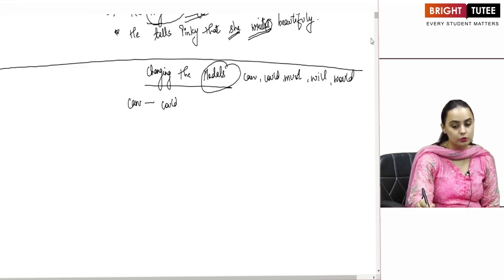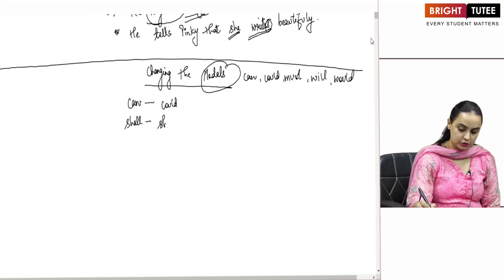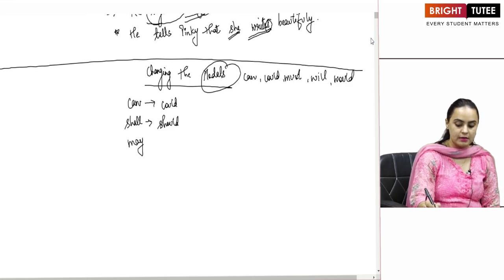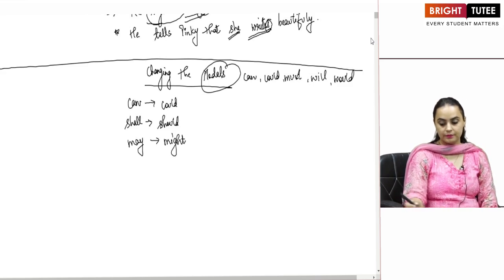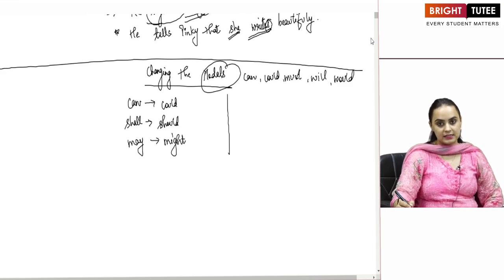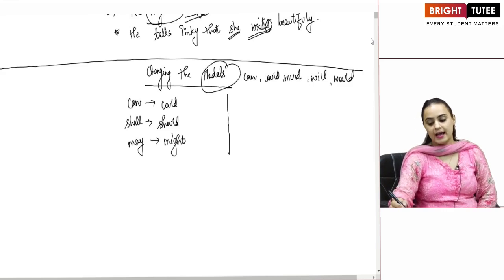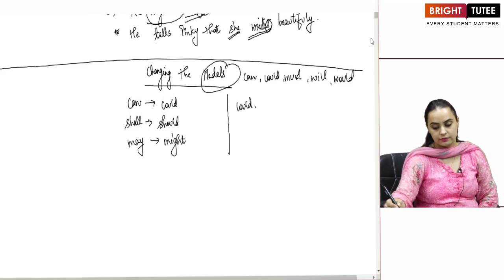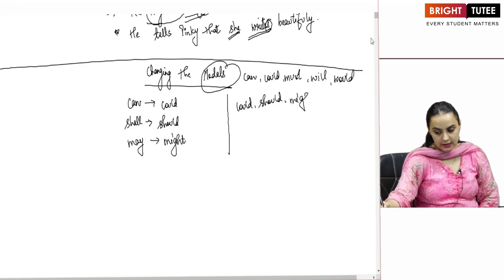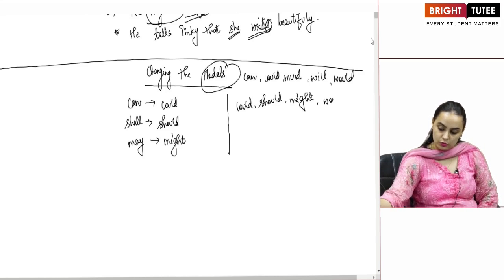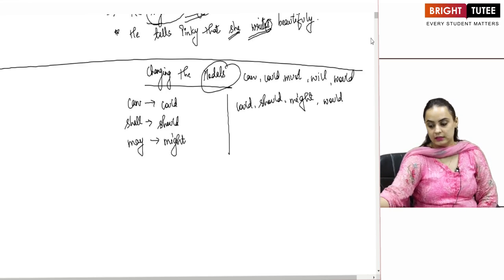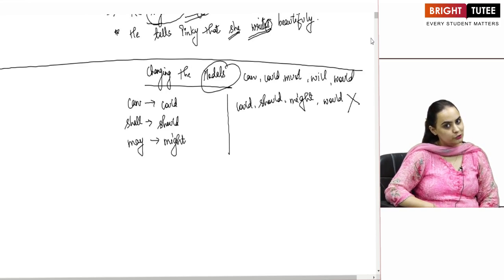Can becomes could, shall becomes should, may becomes might. Okay? But if the sentence already has could, should, might, would, then they will not change.